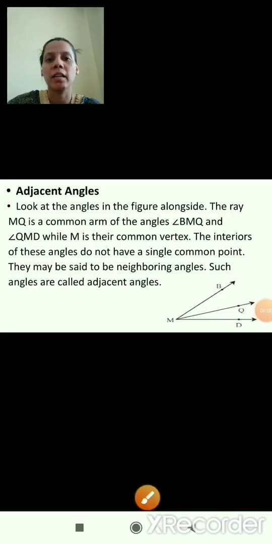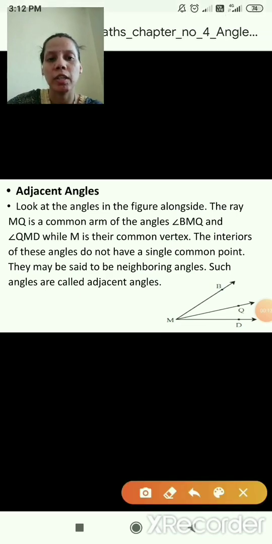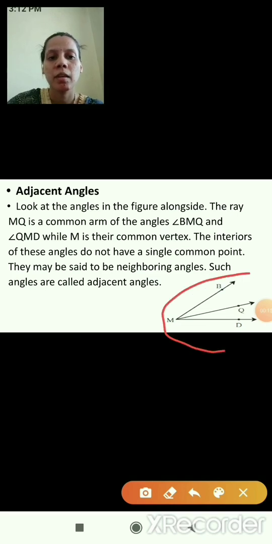Look at the angles in the figure alongside. The ray MQ is a common arm of the angles angle BMQ and angle QMD. As you can see in this figure, arm MQ is the common arm of both the angles.